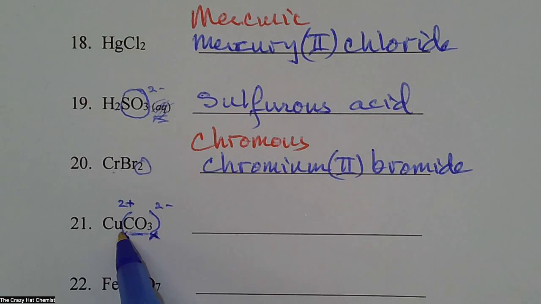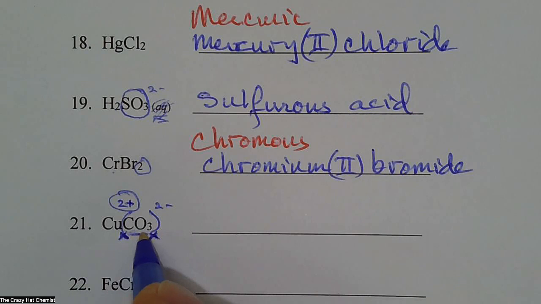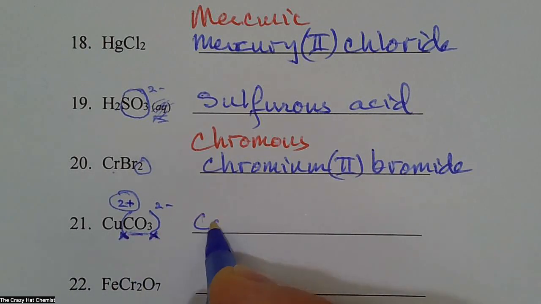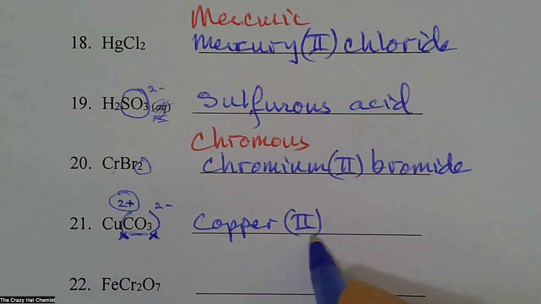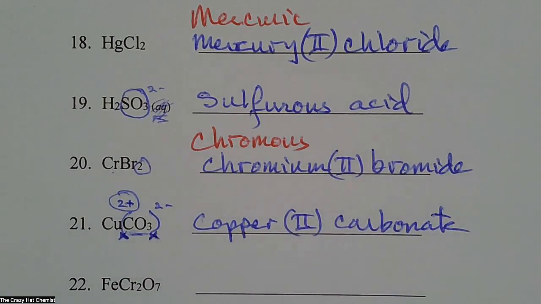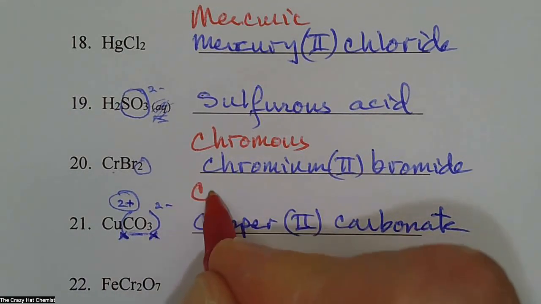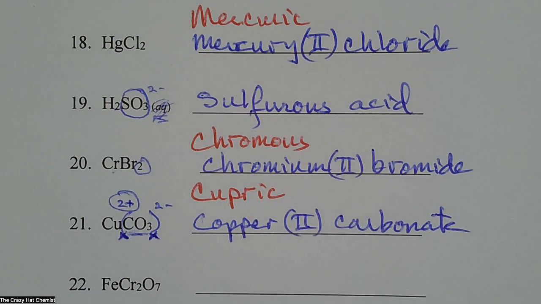Otherwise, that 2 would be there, and then this number, whatever it would be down here too. So because they are reduced, this is copper Roman numeral 2 carbonate. And then that would be cupric, because there are 2 different charges on copper.